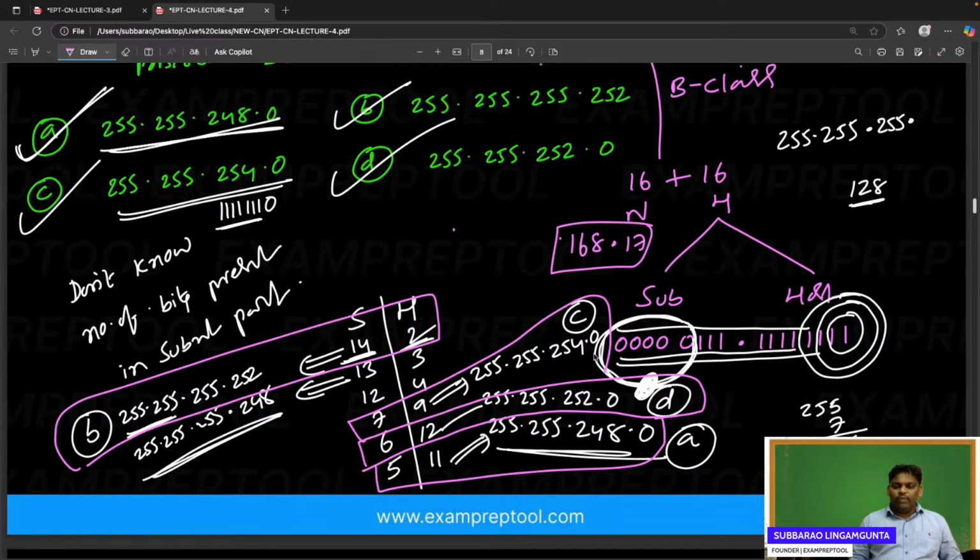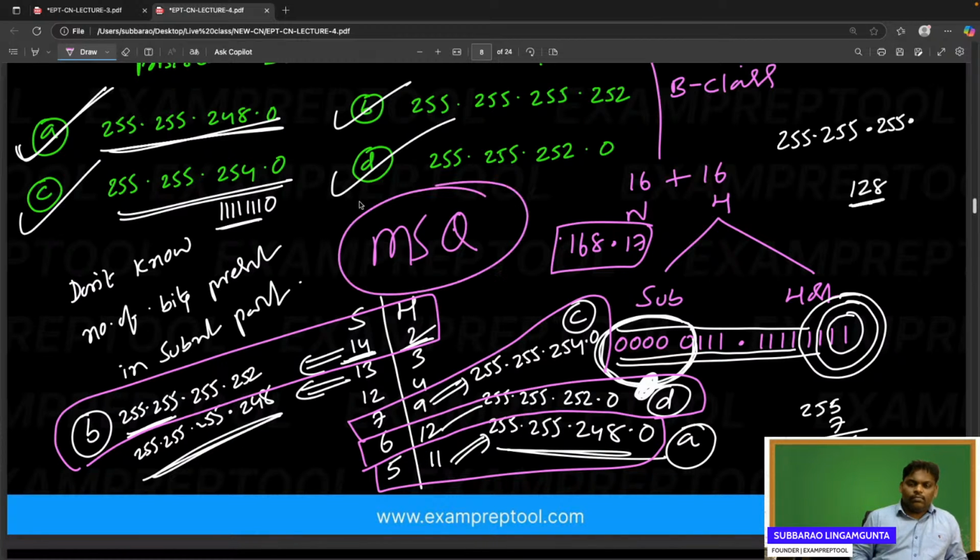Please verify. Shikhar, if it is okay, I can move to the next problem. It's a very, very interesting problem because the answers are all. It is an MSQ.